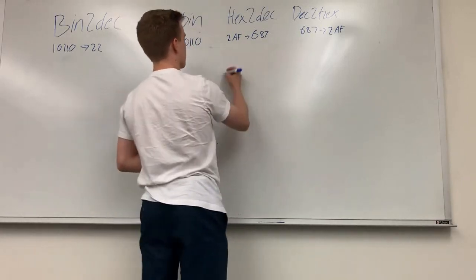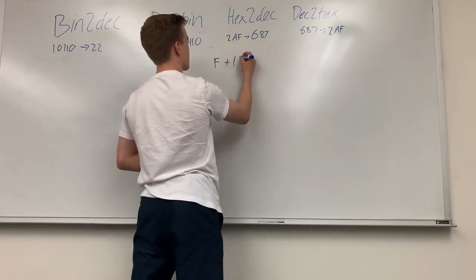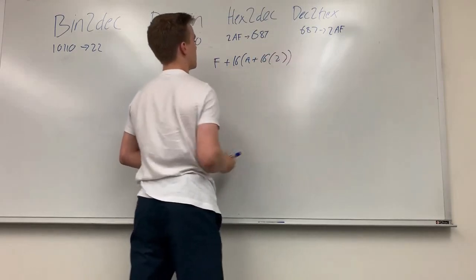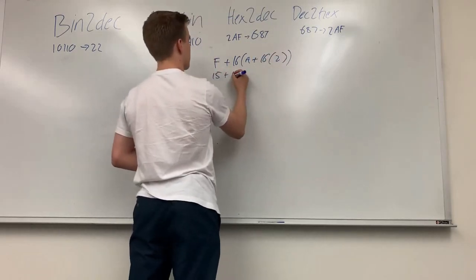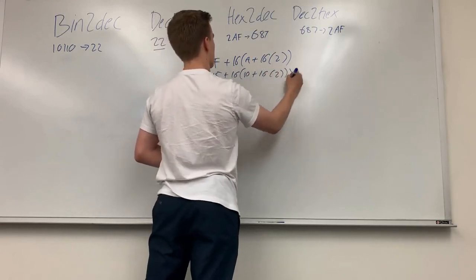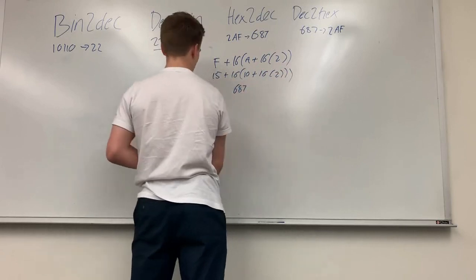But otherwise, we can represent 2AF as F plus 16 times A plus 16 times 2. So this is the same as 15 plus 16 times 10 plus 16 times 2, which will give us 687. Maybe I'll show it to you.